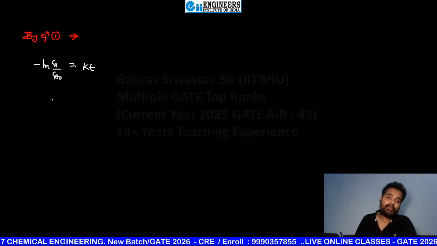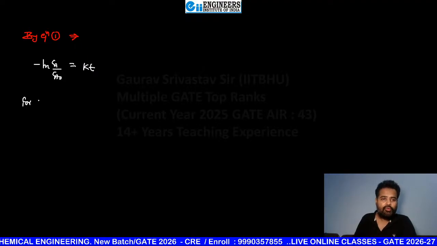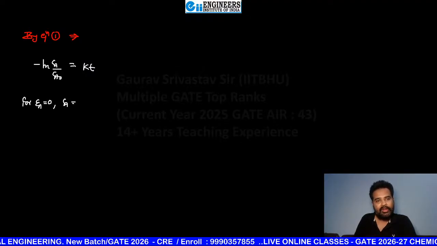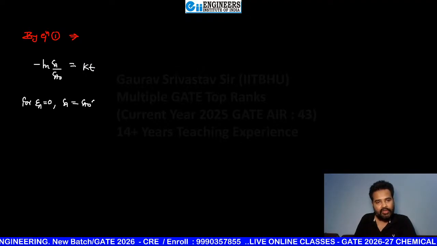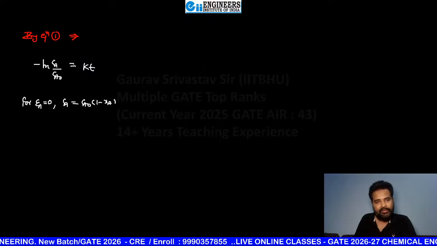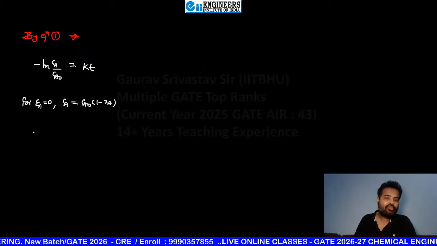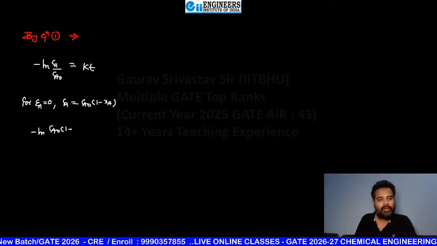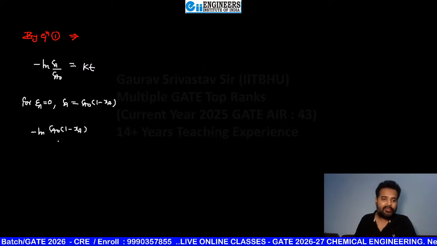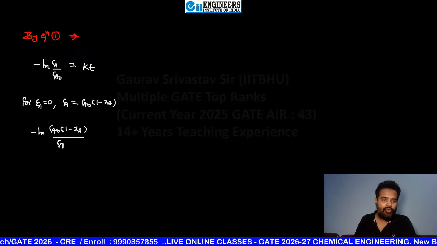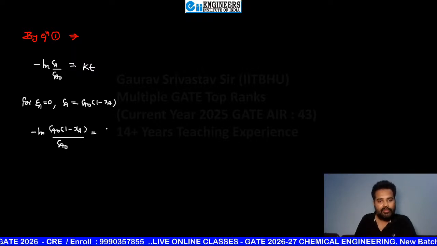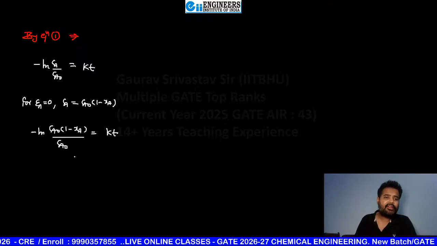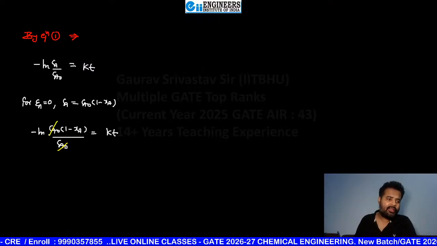You know that epsilon A is equal to 0, and you know that CA can be written as CA naught into 1 minus XA, where XA is the fractional conversion of A. So the above equation again you can write as ln of CA naught 1 minus XA whole upon CA naught, that equals KT. Something cancelled here. Very good, absolutely correct, beta.